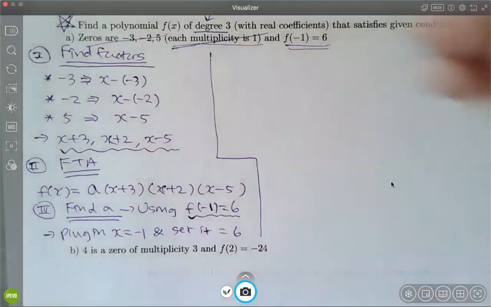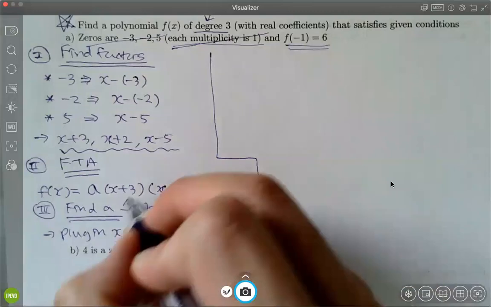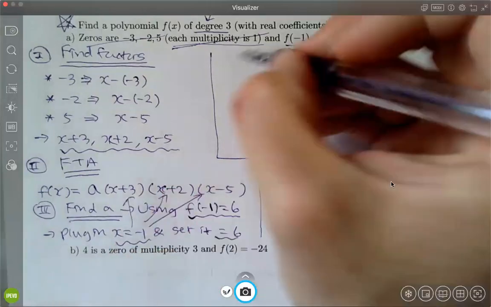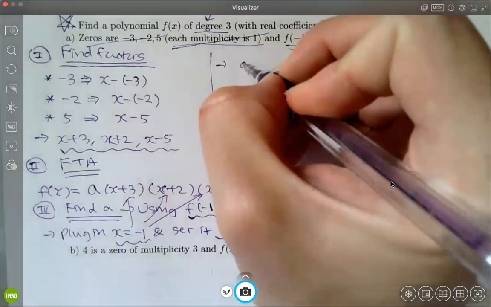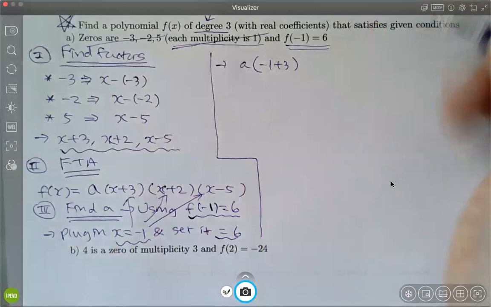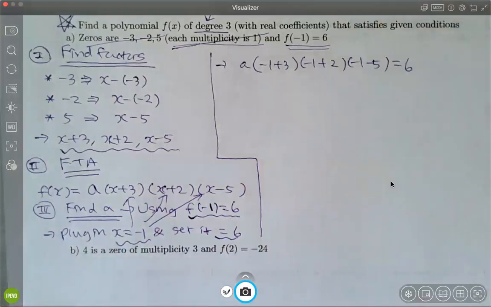Once you plug in x equals -1 into here, it's a times -1 plus 3, times -1 plus 2, times -1 minus 5, and this whole thing is equal to 6.